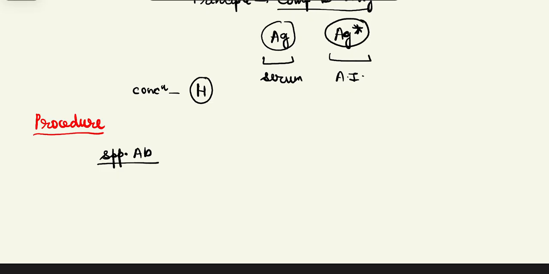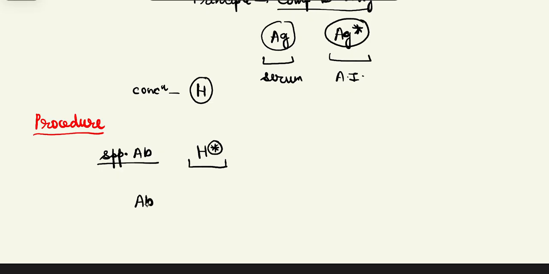Now we will take, artificially, one antibody which is very specific to that hormone, and we will introduce it into a tube wherein we are also going to add the radio labeled hormone. This is radio labeled, it is tagged with some of the heavy isotopes so that it becomes radioactive.